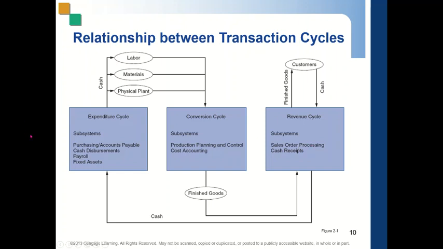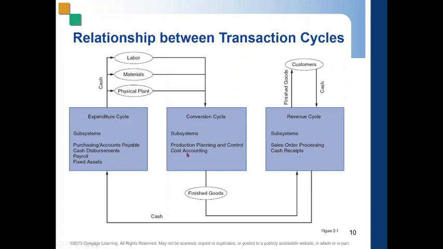But you can say that the expenditure cycle and its subsystems are captured here. And we said this is where we are acquiring essentially the raw materials that we need for us to be able to produce our products. So all of those things, the labor and those raw materials and the fixed assets will feed into the conversion cycle.